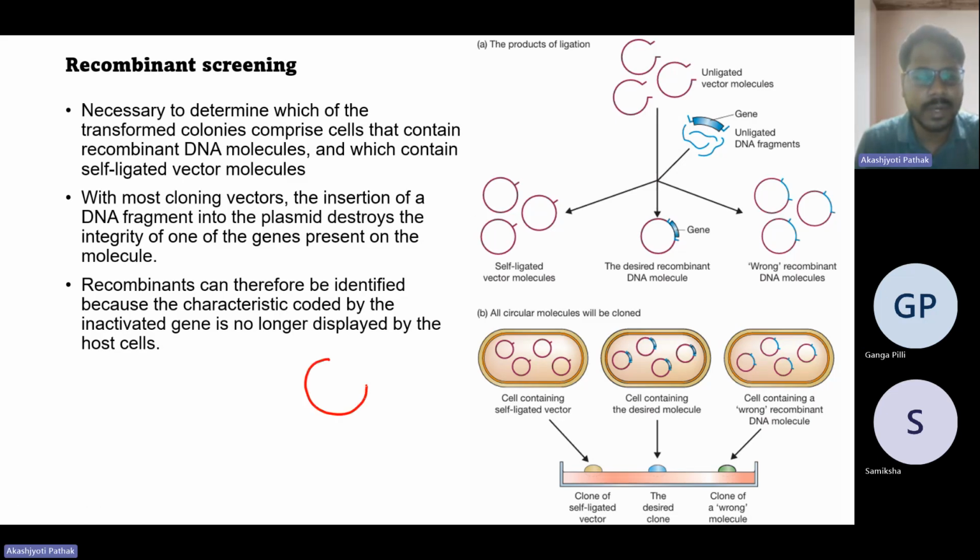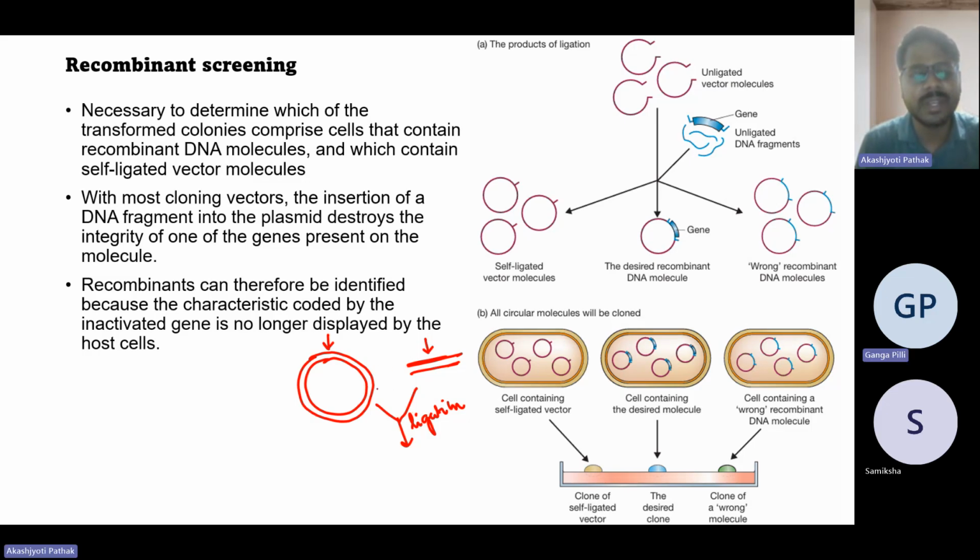If this is your vector, and this is your gene of interest, you treat your vector with the same restriction enzyme that you treat your gene of interest with. Then you do ligation. You set up a ligation reaction. First you treat it with the restriction enzyme.